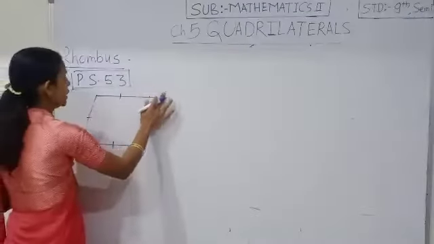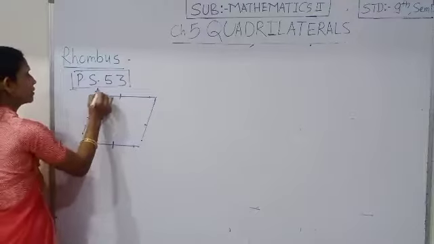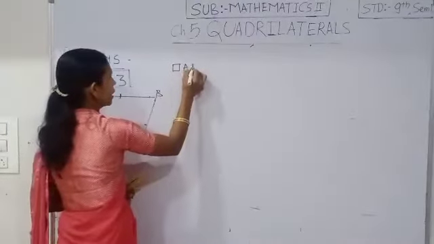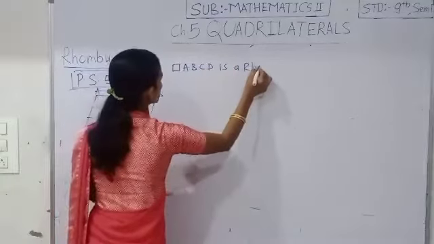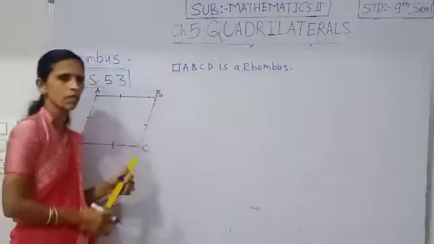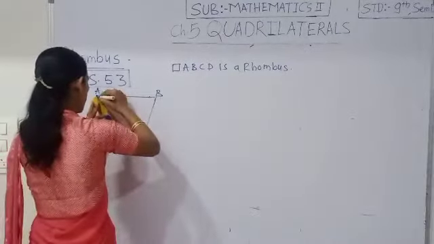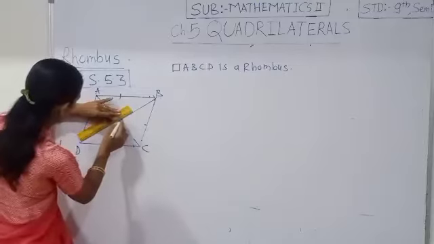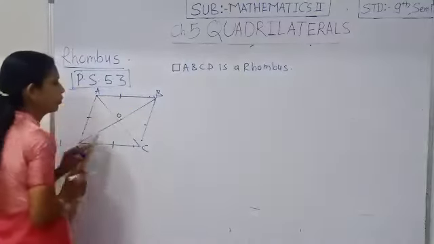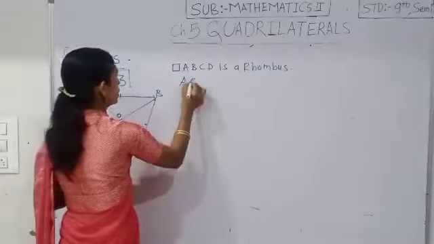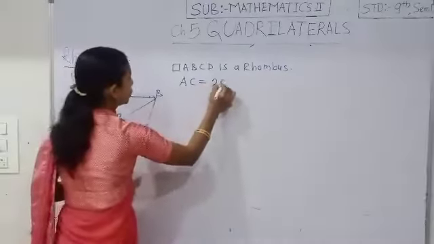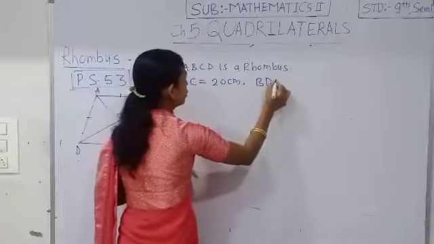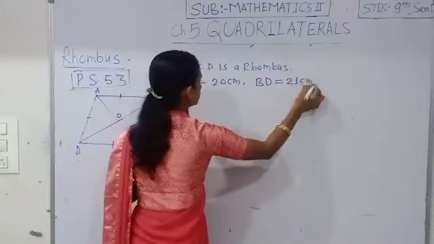See here, quadrilateral ABCD, which is given here, is a rhombus in which the diagonals AC and BD intersect at point O. Here AC is a diagonal which is given as 20 centimeter, as well as BD is one more diagonal of the rhombus, which is given as 21 centimeter.